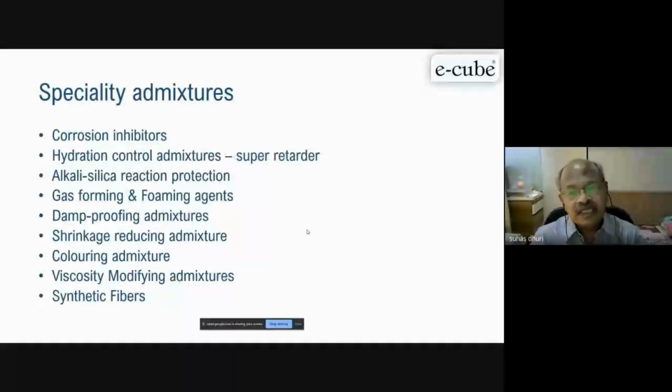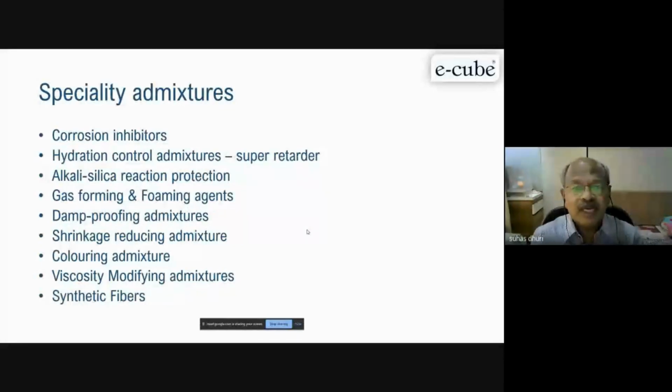Now, other than this, we have specialty admixtures also for specific applications. Corrosion inhibitors are there. If there are difficulties getting a very impermeable concrete during normal construction practices, then we can use some corrosion inhibitors which can delay the corrosion process.